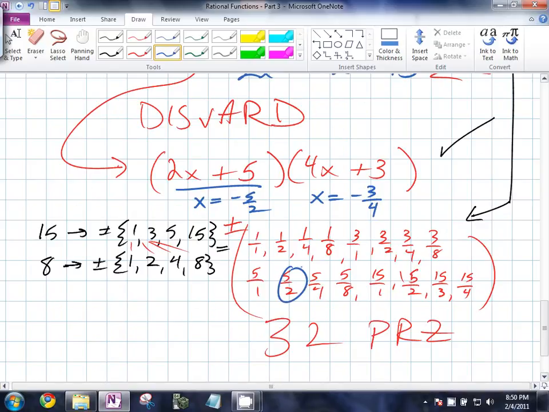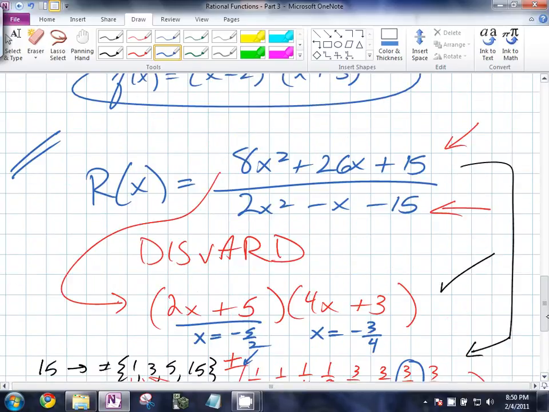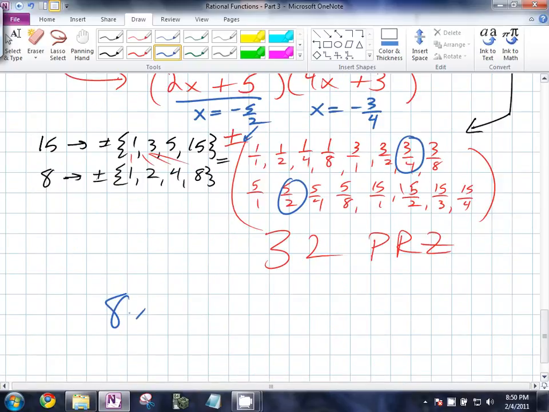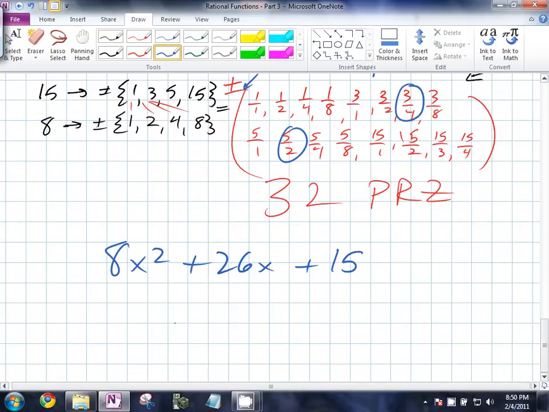Does the math work? Well, 8x squared plus 26x plus 15. If we use synthetic division, our coefficients are 8, 26, and 15. Let's try negative 3/4. We should end up with 0 if we're lucky, or something went wrong. Drop down the 8.